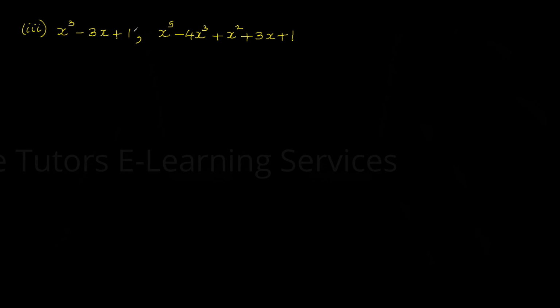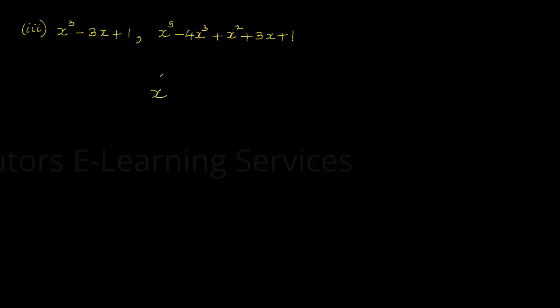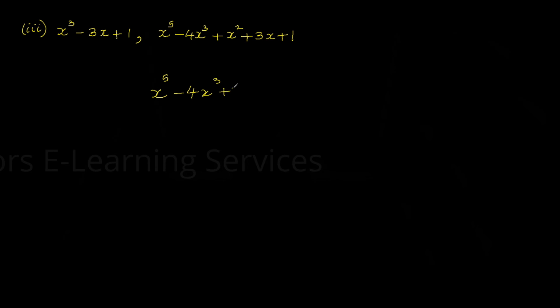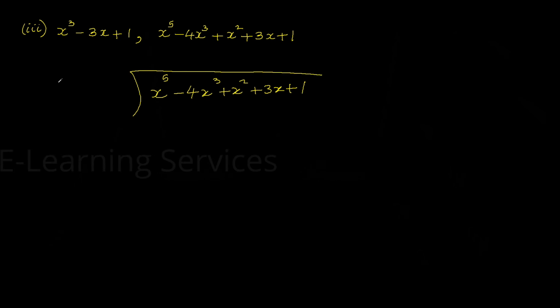Check whether this polynomial is a factor of the second polynomial given. Let's repeat the same process, long division, and see whether the remainder is 0 or not. Plus 3x plus 1. Divide this by the first polynomial x cubed minus 3x plus 1.